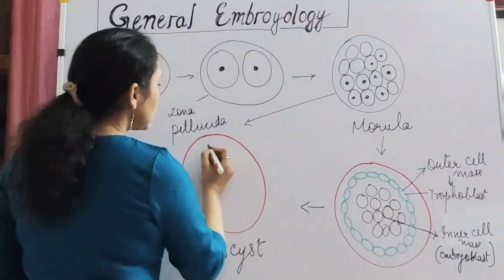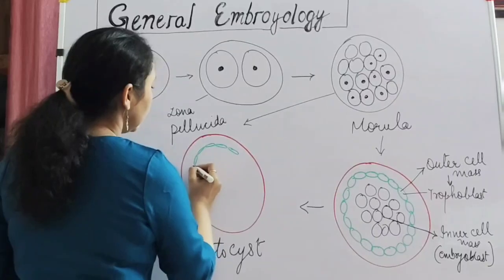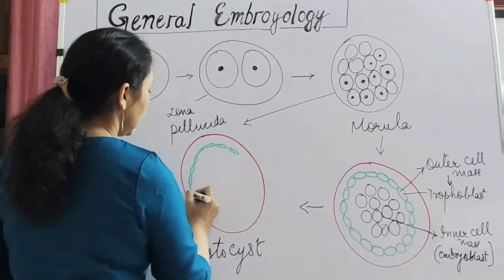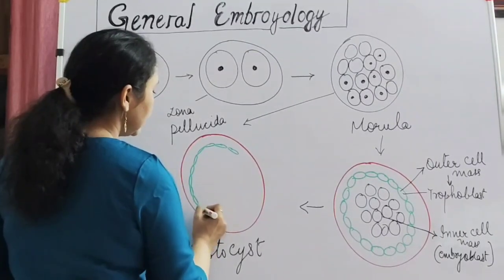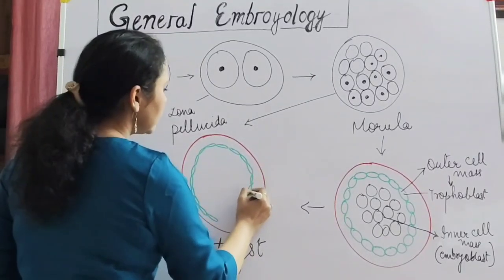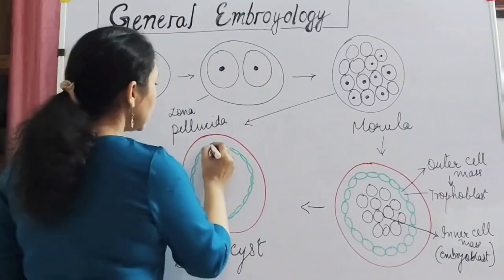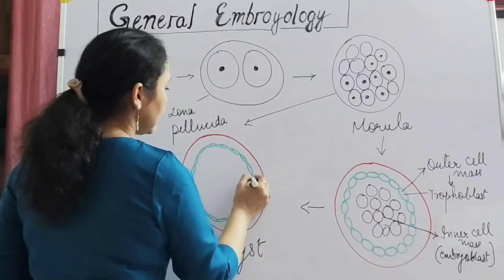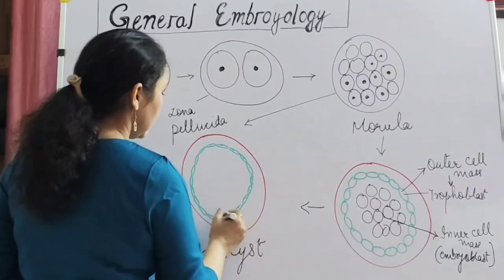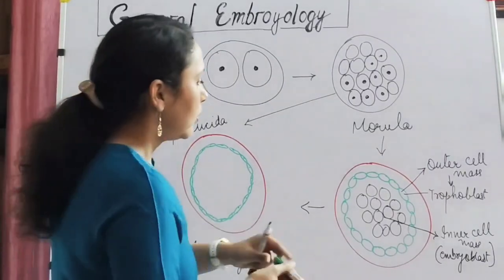This is the zona pellucida which we are showing with the red color. Then the cells of the trophoblast will flatten because of the fluid it is absorbing from the uterine cavity. All these cells have a nucleus. Right? Then what will happen?